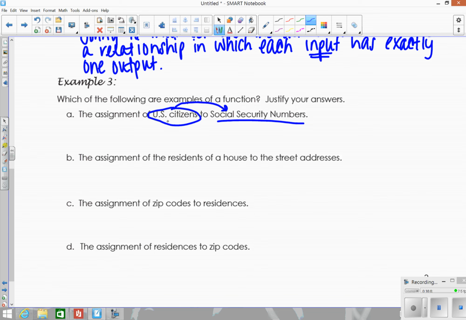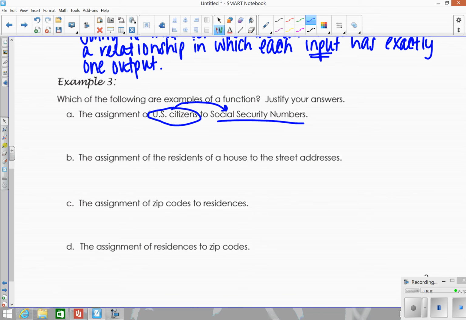A US citizen can't get mapped to multiple social security numbers. So yes, this would be a function because each citizen only has one social security number.